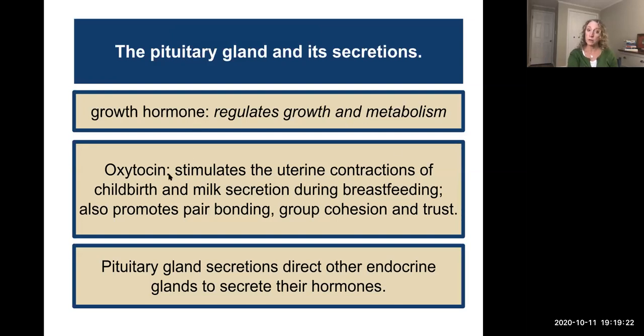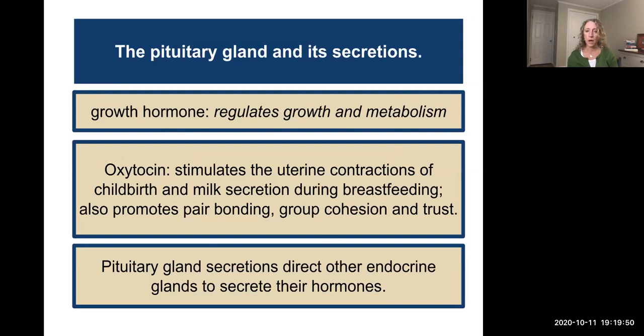So the pituitary gland also regulates oxytocin, which stimulates contractions for breastfeeding, for milk secretion and stuff like that. Notice that it says promotes pair bonding, group cohesion, and trust. So we believe these hormones being released in your body are involved in your ability to bond with other people.